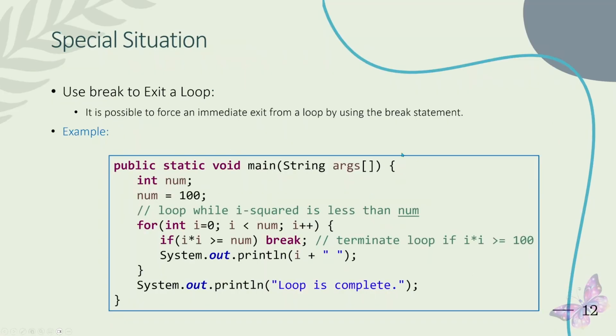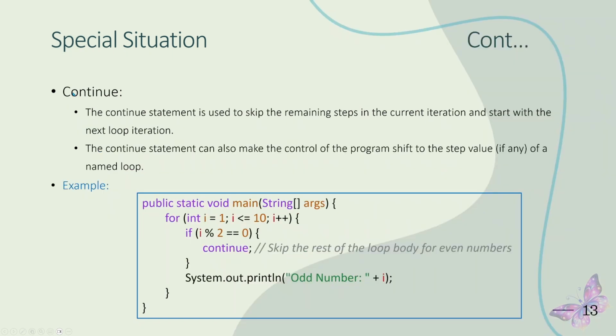Now there's another special situation, when we put continue. So what is continue? The continue statement is used to skip the remaining steps in the current iteration and start with the next loop iteration.